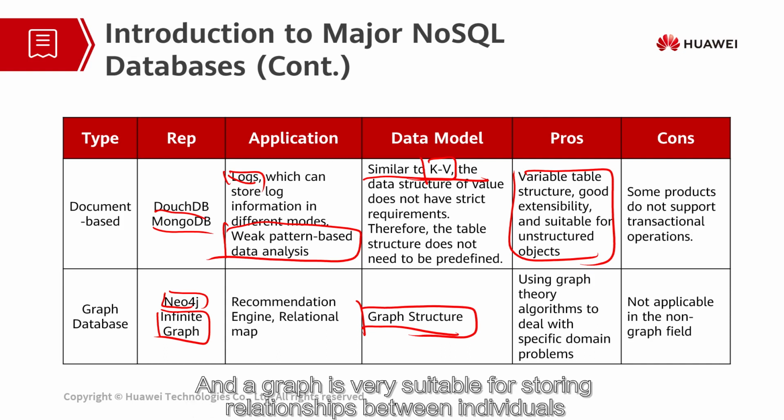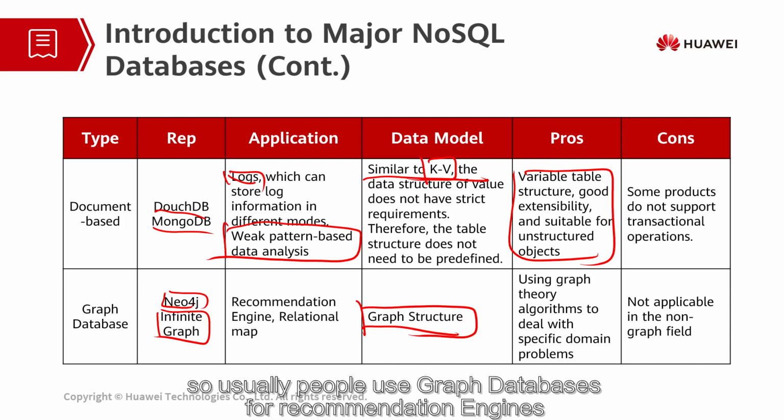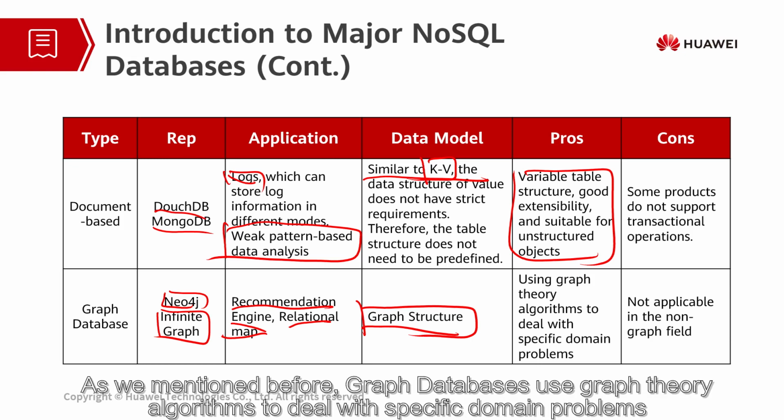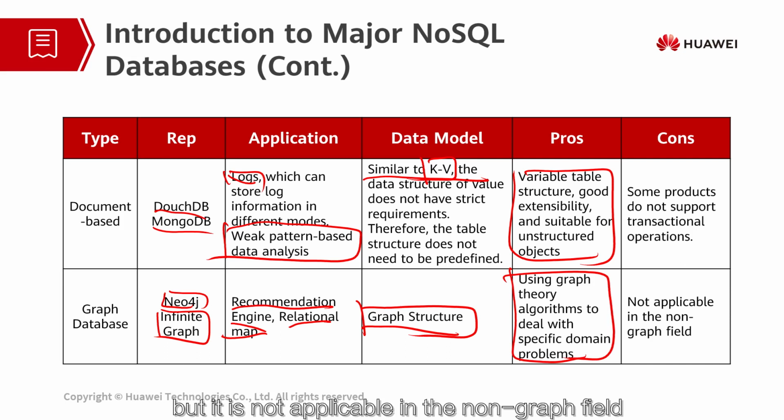And a graph is very suitable for storing relationships between individuals, so usually people use graph databases for recommendation engines, relational maps, and perhaps to build up a knowledge graph in AI applications. As we mentioned before, graph databases use graph theory algorithms to deal with specific domain problems. But it is not applicable to the non-graph field.